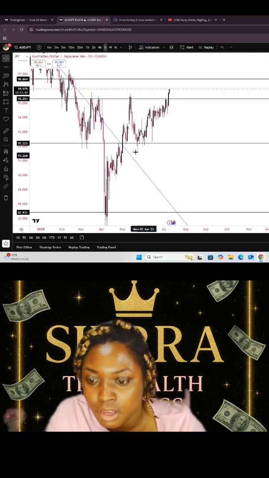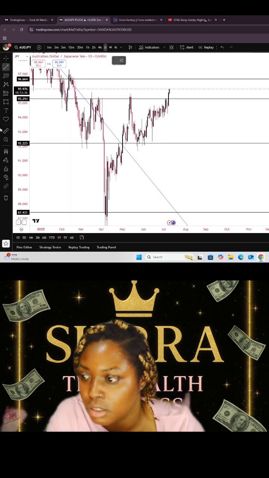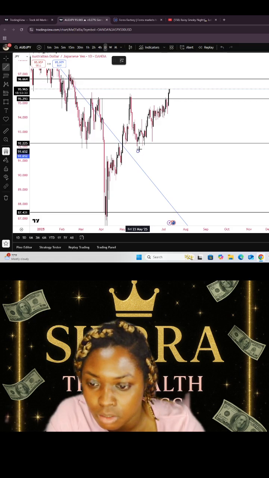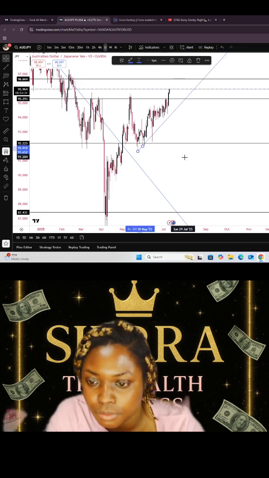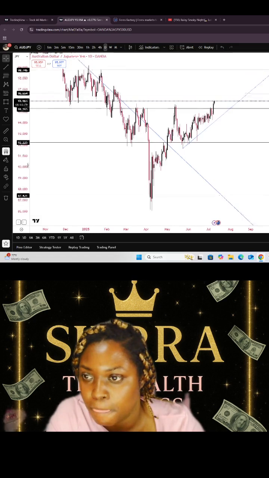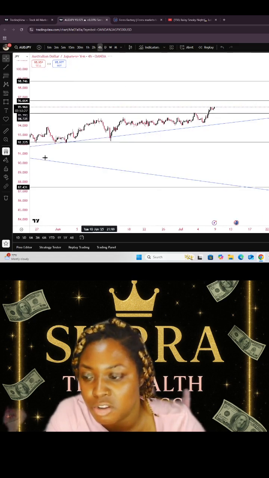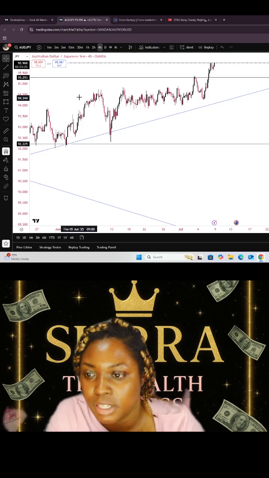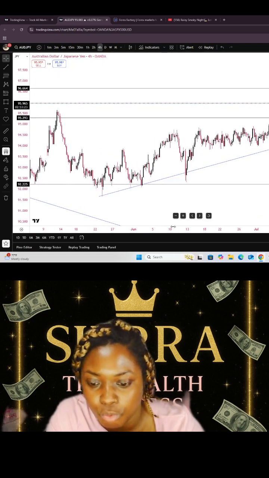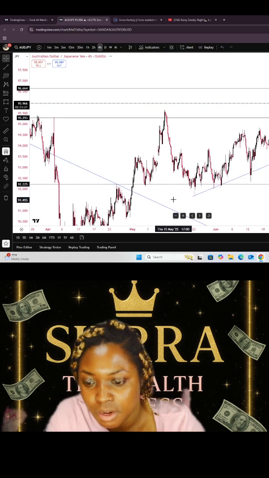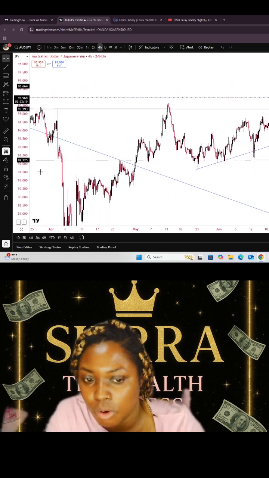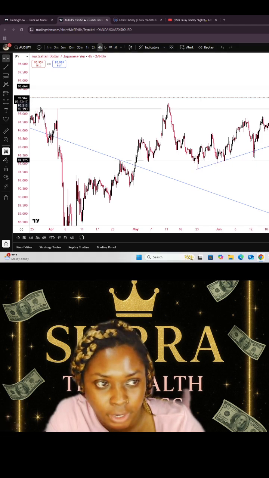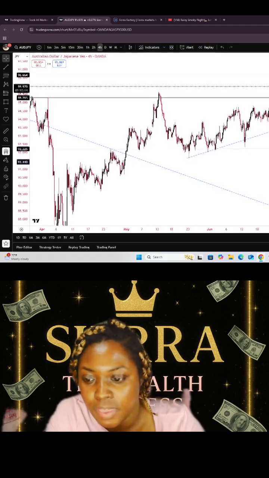And I have 1, 2, 3, 4 points of rejection. I can draw this trend line here. Okay. And then I just continue to do the same thing on every time frame just to get closer and closer to price.